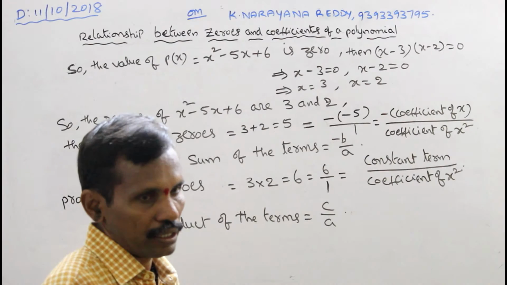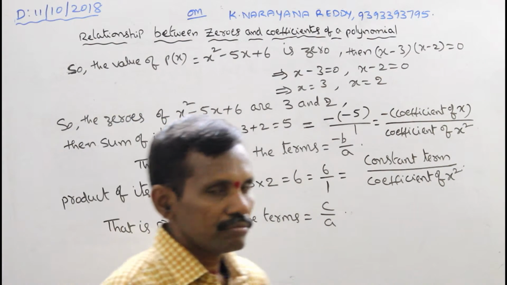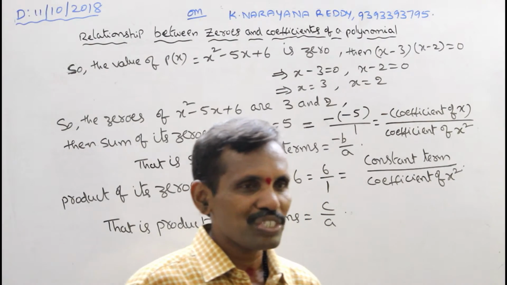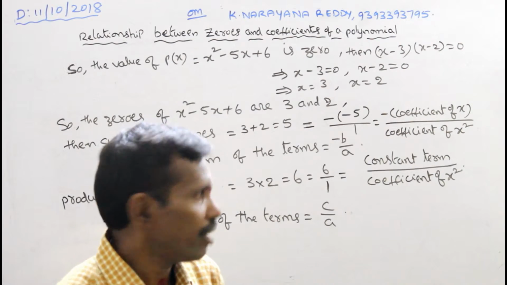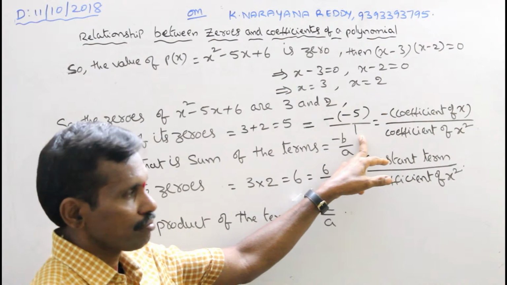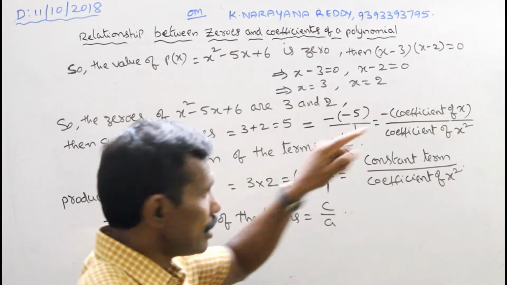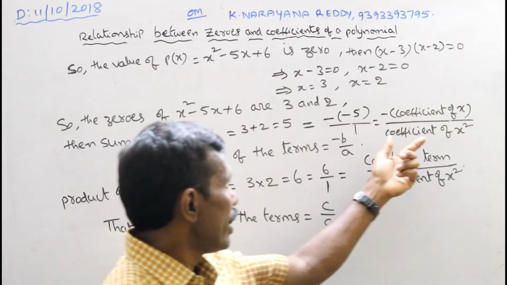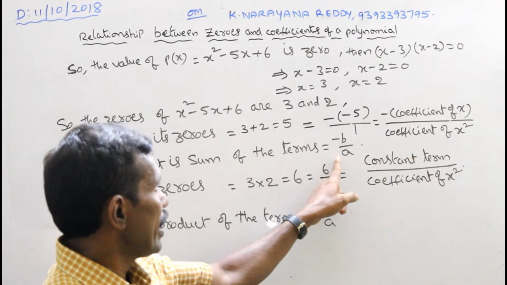Those are factors. Now sum of zeros means what? Sum of factors. 3 plus 2, 5. Minus of minus 5 by 1. Minus of coefficient of x, that is the middle term, by coefficient of x square, that is minus b by a.